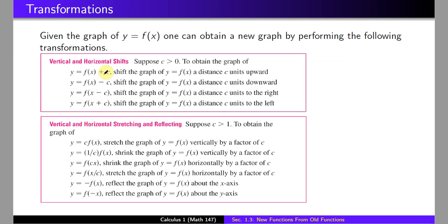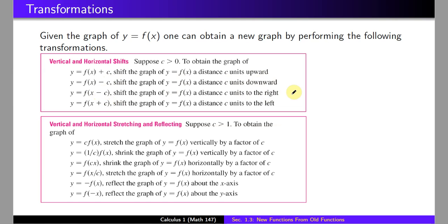Now, the first case, when you were just adding onto the end of the function or subtracting, you're going to be going up or down depending on whether you're adding a positive number or you're subtracting a positive number. It's going to go either up or down. It's going to go left or right if you add or subtract inside. Now here's the tricky part about what's happening inside of the function.